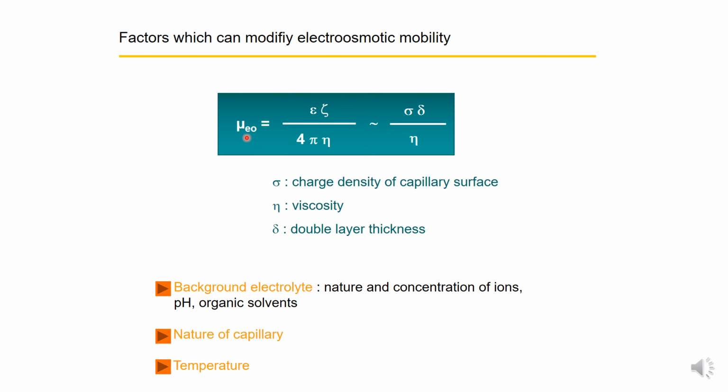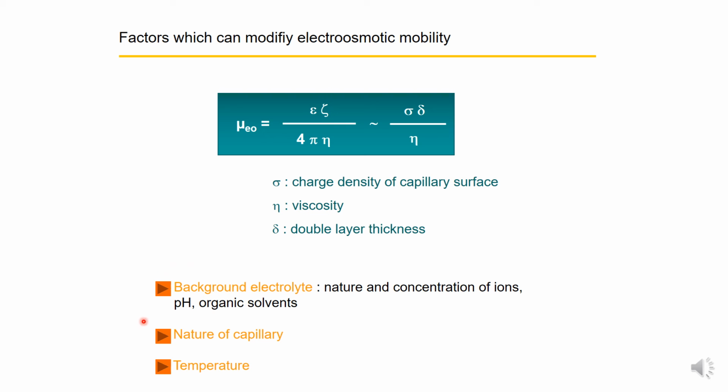So remember that the electroosmotic mobility is related to the dielectric constant, the zeta potential, which is the charge of the surface, and the viscosity. Then it is proportional to the charge density of the capillary surface, which is the net charge of the capillary surface, the viscosity, and the double layer thickness, which is the phenomenon that provides the electroosmotic flow.